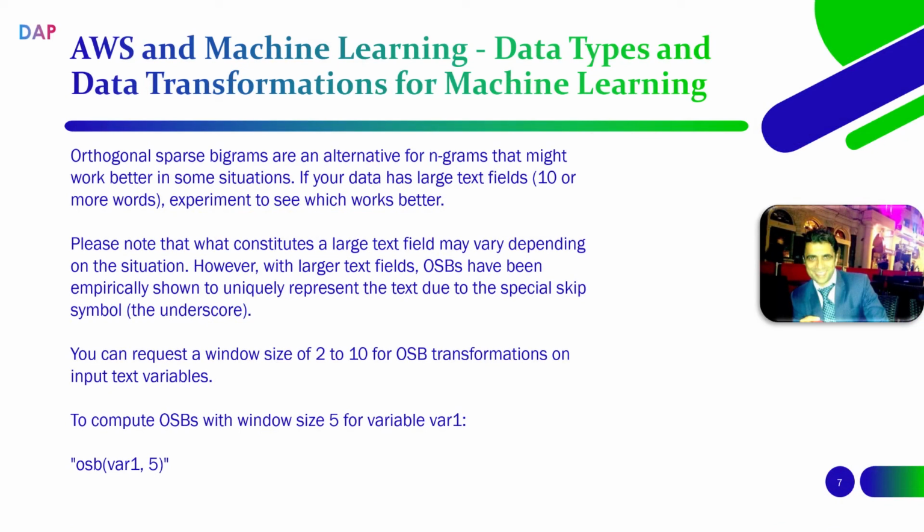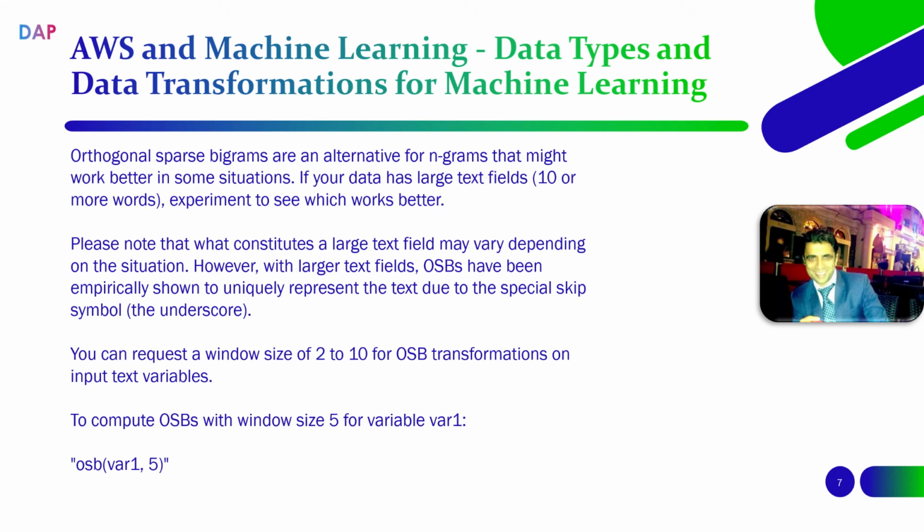So orthogonal sparse bigrams are an alternative to n-grams that might work better in some situations. If your data has large text fields, 10 or more words, experiment to see which works better for your problem in hand, and move on accordingly. Data science is not all about methods.